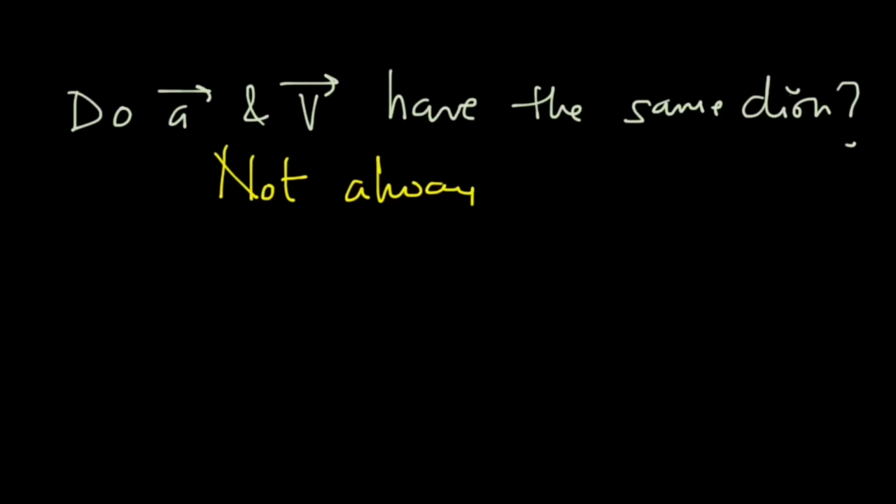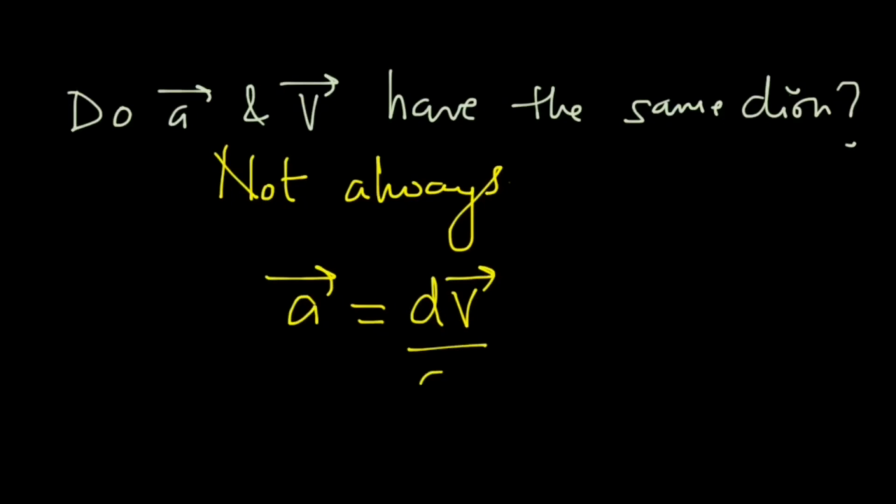When they do have the same direction, the acceleration causes the increase in velocity, and when it is not in the direction of velocity, instead if it is opposite to it, then it will reduce the value of velocity. And if you look at the formula, a equals dv upon dt, which clearly tells us that acceleration is in the direction of change of velocity.